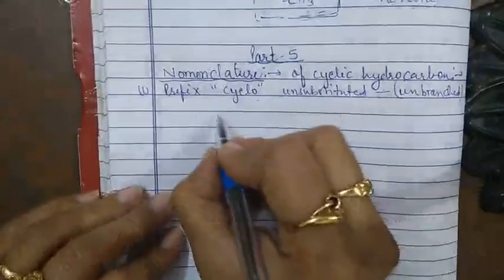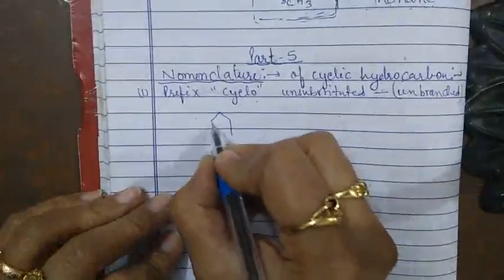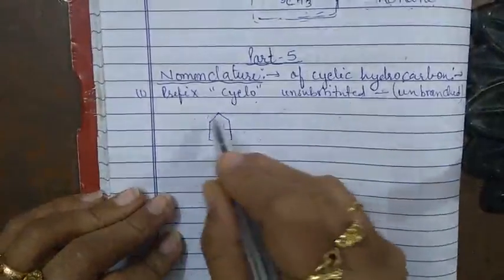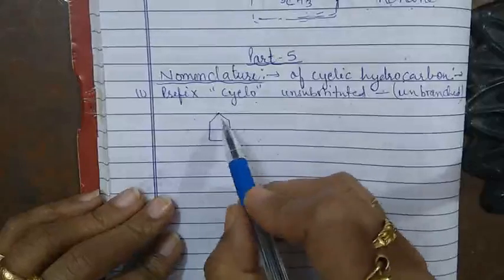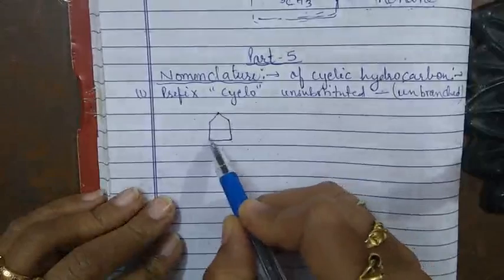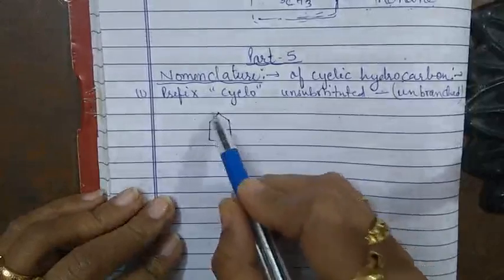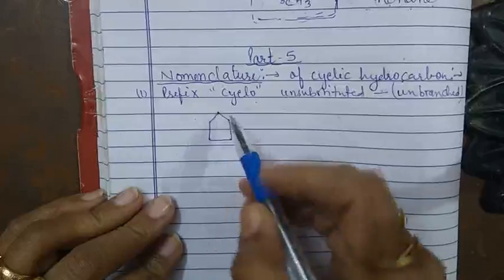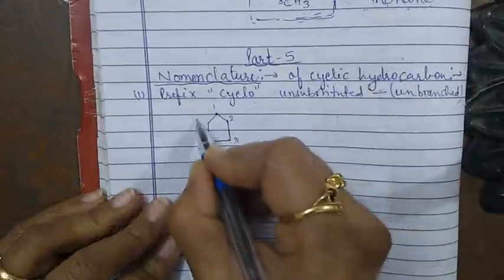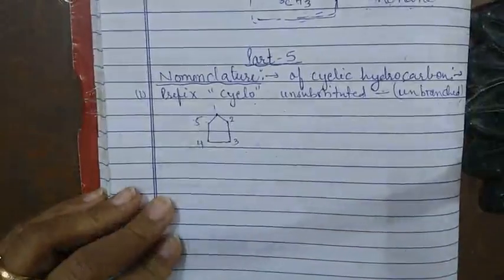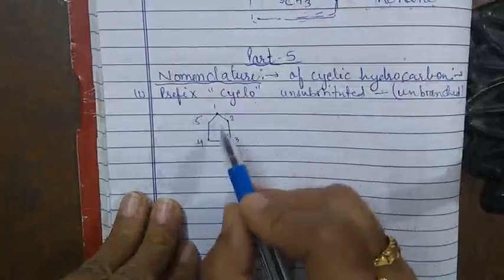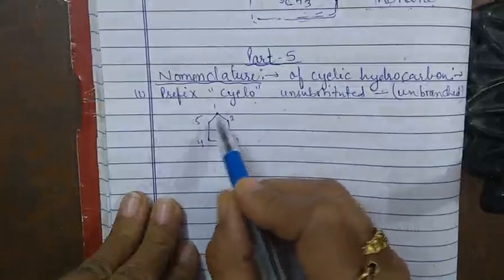So for example, this is a cyclic hydrocarbon, and in these positions there is a carbon atom. So here 1 carbon atom, 2, 3, 4, and 5 carbon atoms. So 5 means pentane. There is no double bond.